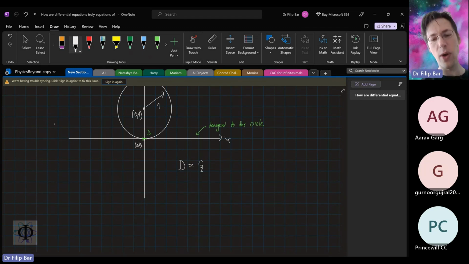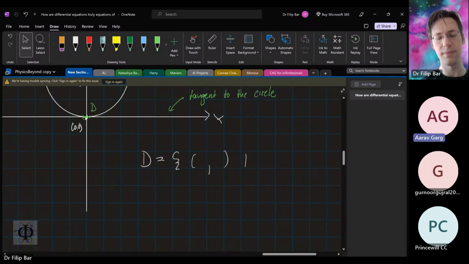What can we say about the Y coordinates of the points in D? The Y coordinates are going to be 0. They have to be 0, right?